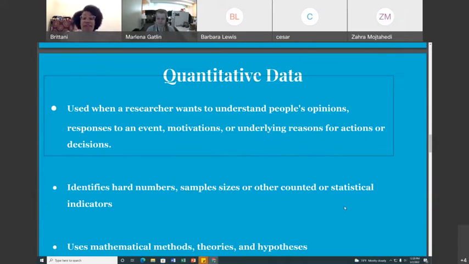It can also ask for their motivations, but usually in a yes, no kind of one option or the other, or only one option way is a good way to put it. And it usually identifies hard numbers, statistical analyses, mathematical methods, uses sample sizes or other counted or statistical indicators. Poll data is a good example of quantitative data.